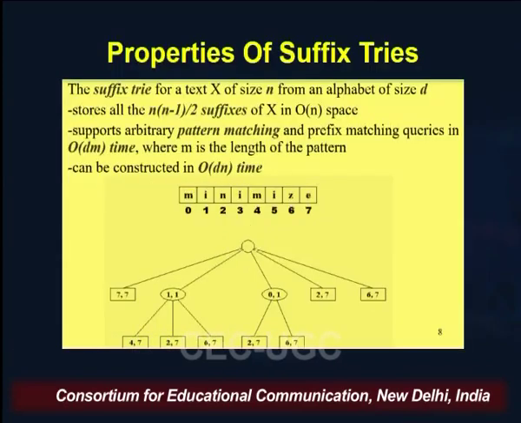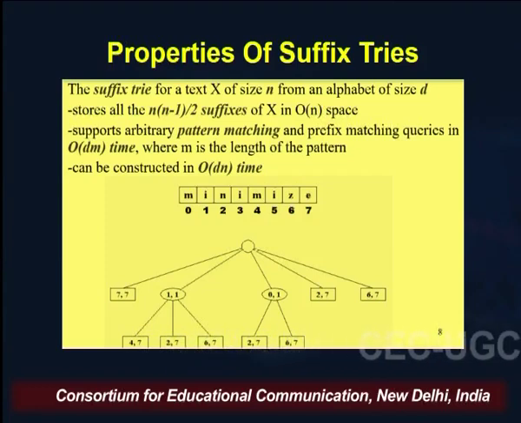Now, going into details of the suffix trie. This suffix trie is for a text X of size n, derived from an alphabet of size d. For example, for the English alphabet, d equals 26. The suffix trie for a text X stores all n(n-1)/2 suffixes of X in order n space, so in a way it is a space efficient data structure.